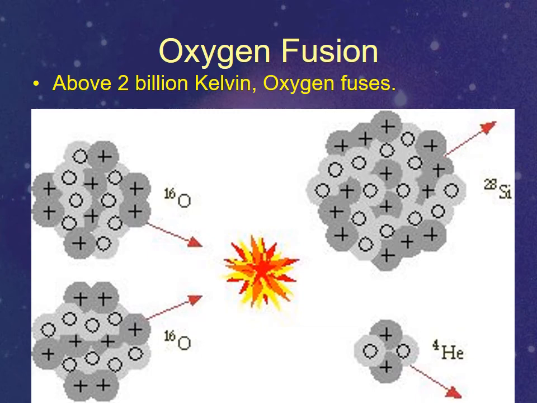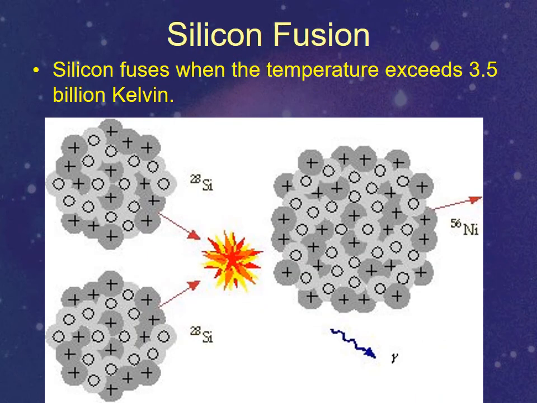If the core gets hotter than 2 billion Kelvin, and stars bigger than 8 solar masses will do that, the oxygen in the middle will start fusing into silicon, and then again you have leftover helium in there. And if it gets hotter than 3.5 billion Kelvin, and any star bigger than 8 solar masses is going to go through all these stages, the silicon fuses into nickel.